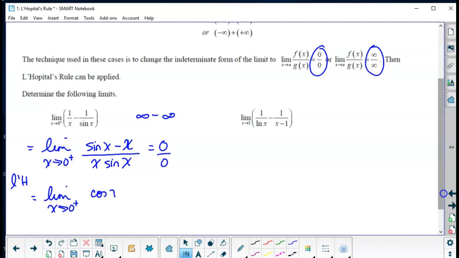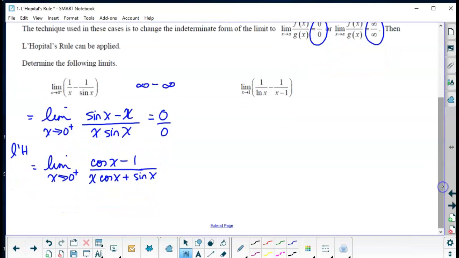It's going to be cos x minus 1 over x times cos x plus sine x. Checking this out, at 0 it's 1 minus 1 is 0. That's going to be 1 times 0, 0 plus 0. So again, got to do it again.